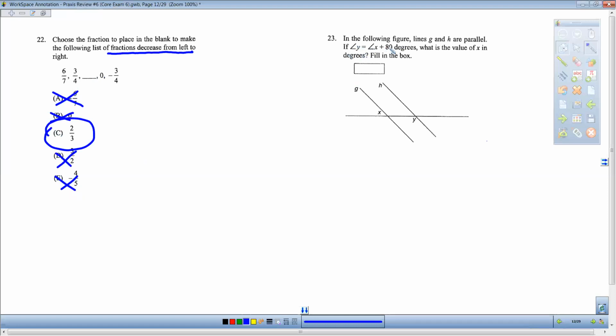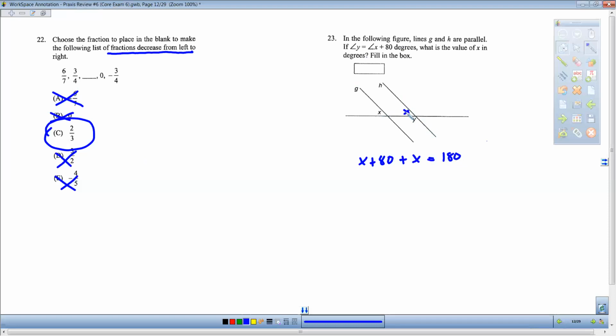23. In the following figure, lines G and H are parallel. If Y is equal to angle X plus 80 degrees, what's the value of X in degrees? Well, if this one is X, then we know this one is X. So angle Y is X plus 80. Well, that plus X should give you 180 degrees. A straight angle is going to be 180.